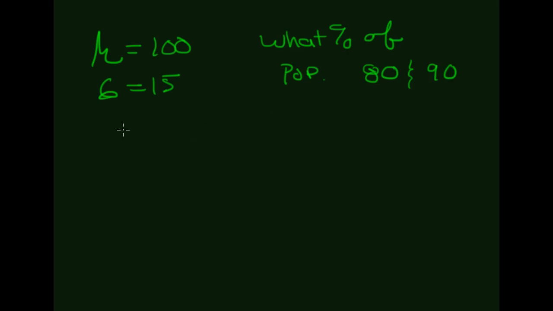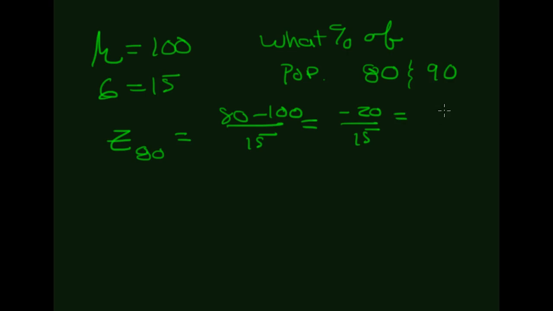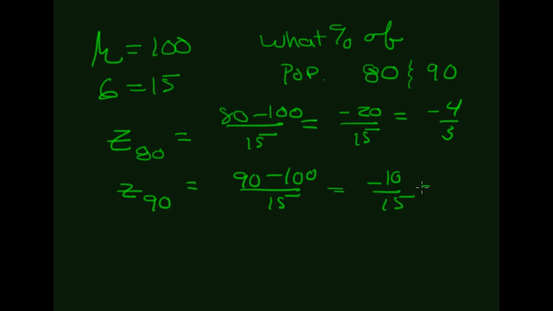So what we do is we find the z-score for 80, which is what we just did. We took 80 minus 100, divided that by the standard deviation 15, which was negative 20 over 15, which is negative 4/3. And then we find the z-score for 90, which is 90 minus 100 over the standard deviation 15, which is negative 10 over 15, which comes out as negative 2/3.